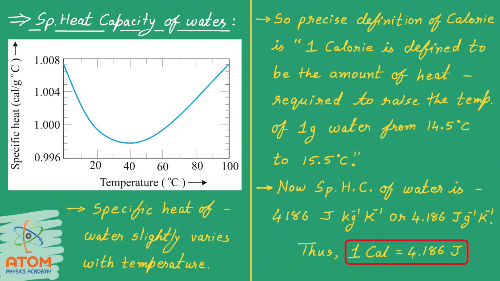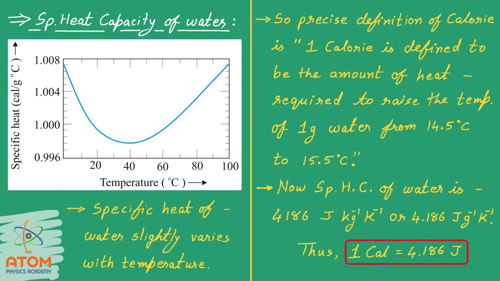Why are we discussing the specific heat capacity of water specially? There is one reason. See, the specific heat of water slightly varies with temperature. See this graph here. On this axis there is specific heat and here is temperature. You can see that initially the specific heat is higher, then it decreases and then again it increases with respect to the temperature.